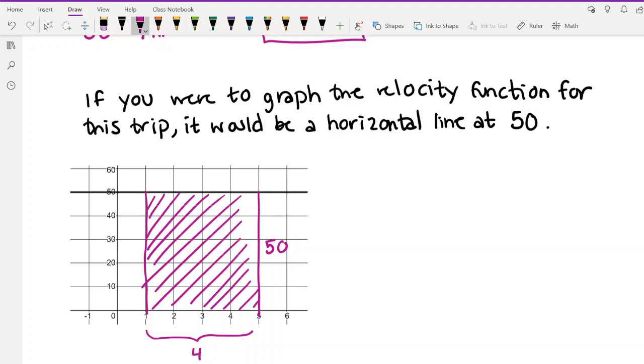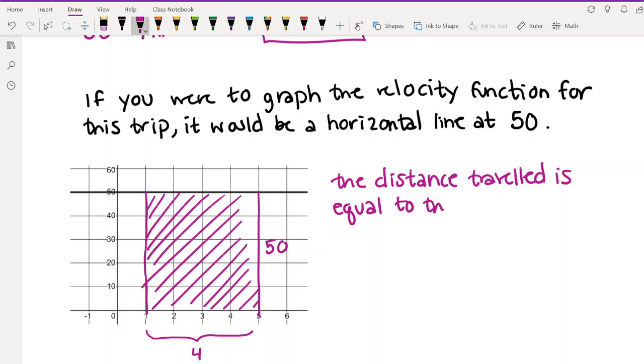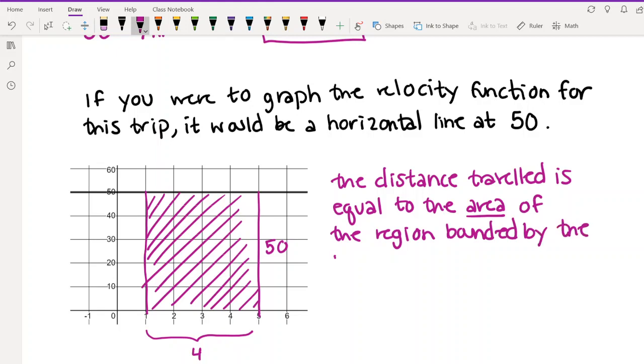And so basically what I'm getting at here is that the distance traveled is equal to the area of the region bounded by the velocity function and the x-axis, I guess I should say.